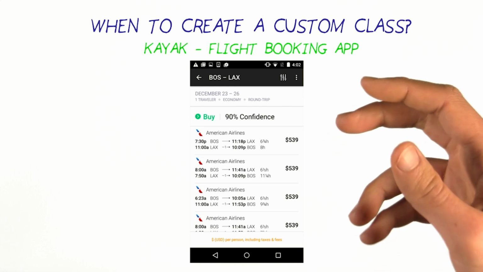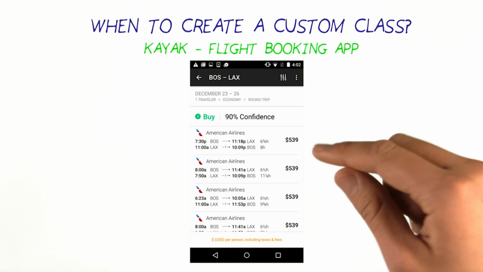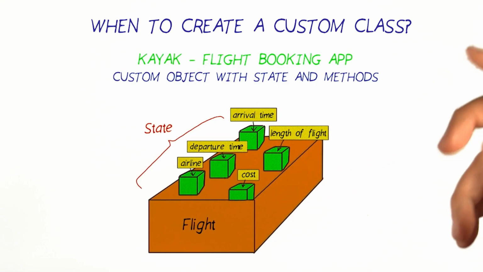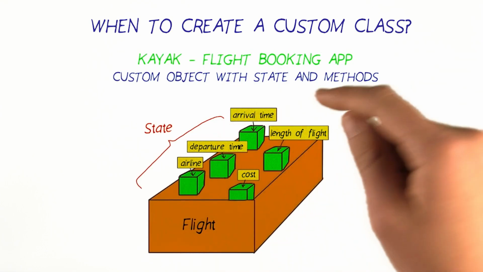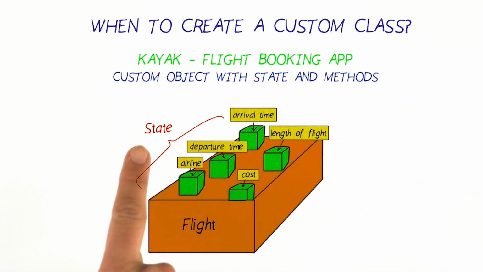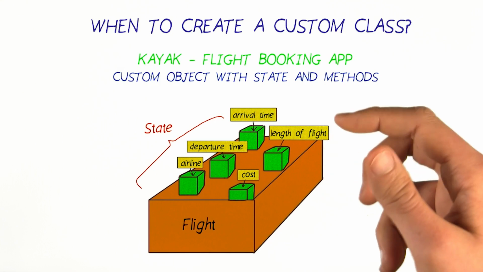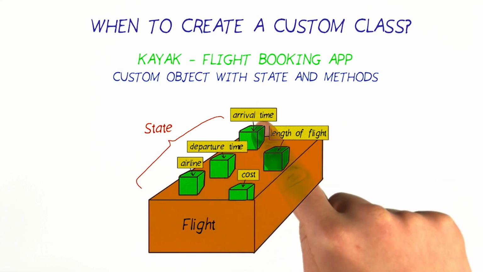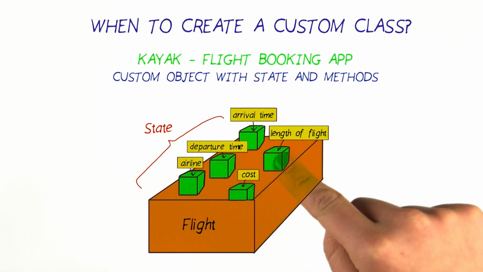Kayak has likely created a custom flight class, and each of these list items represents information about a single flight object from that class. Using our box analogy, we can represent each of these flight objects as a big box that holds state. State in this case is made up of different fields such as airline, departure time, arrival time, cost, and length of flight.